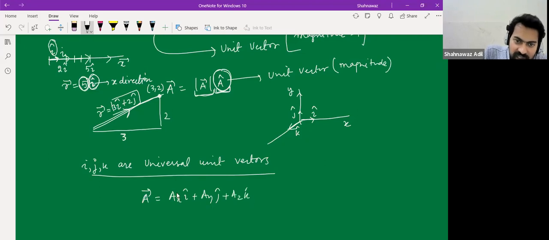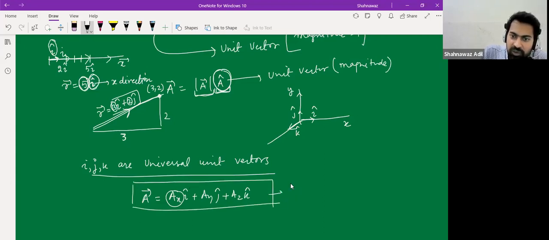So you see that this tells about the x component. Here this is the x component, this is the y component, and the z component is 0, right? So we can write any vector in universal unit vector form.